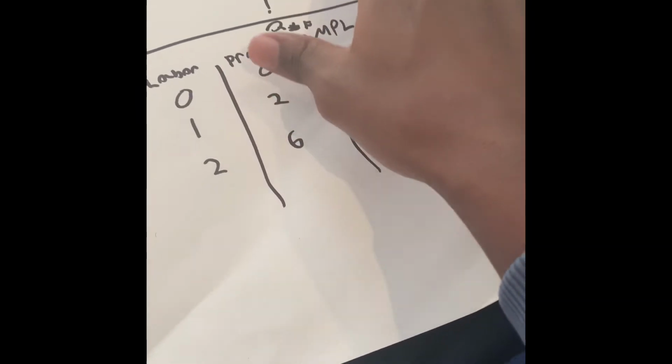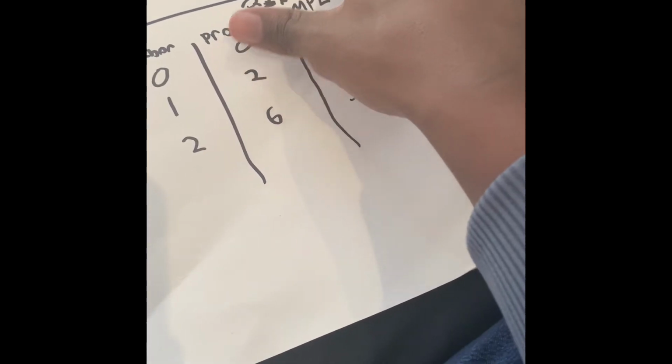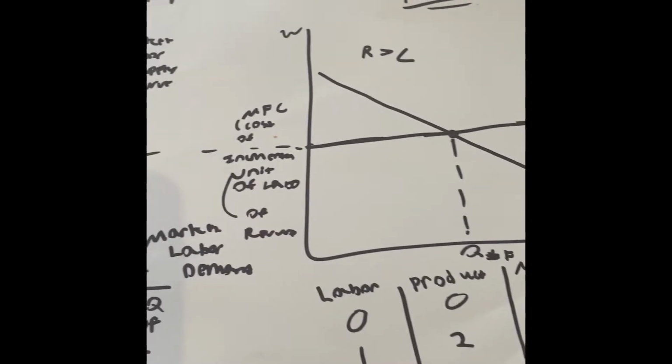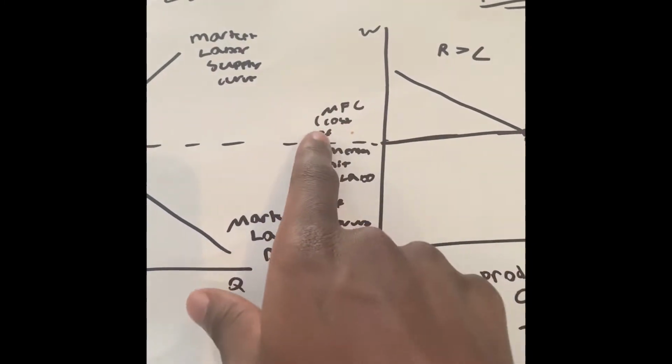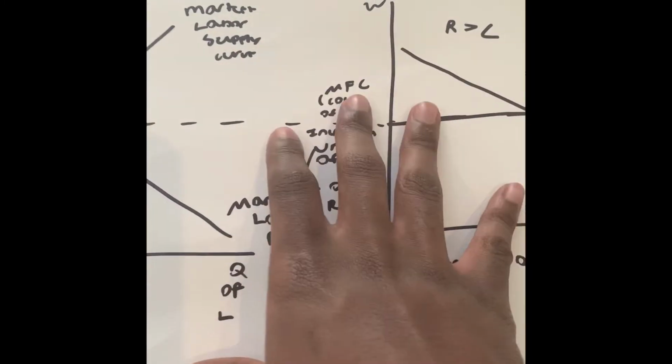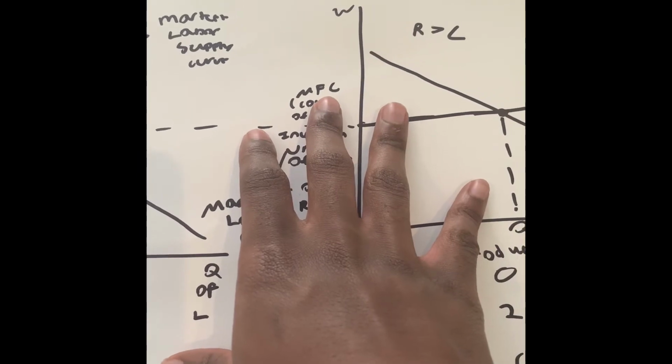You have marginal revenue product, and then marginal factor cost. You want the revenue to be greater than the cost, or right at equal.